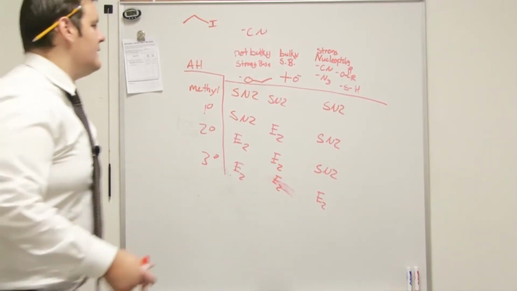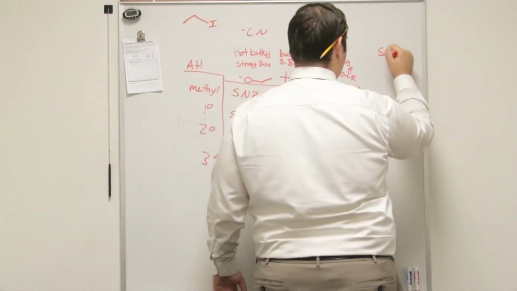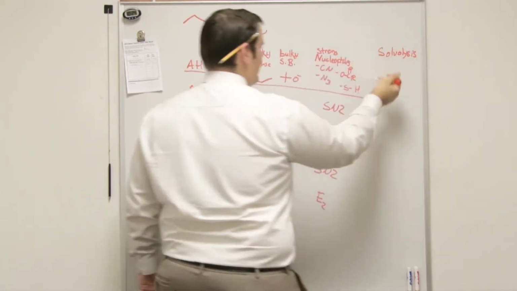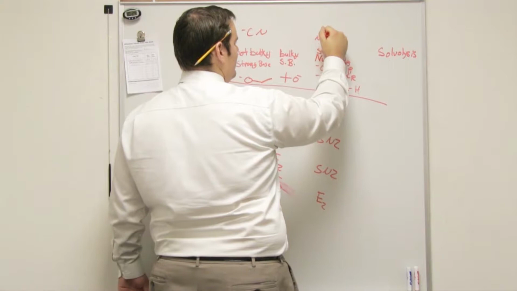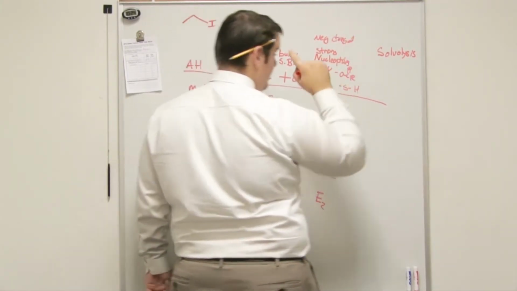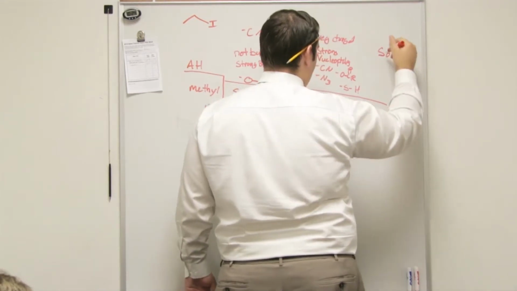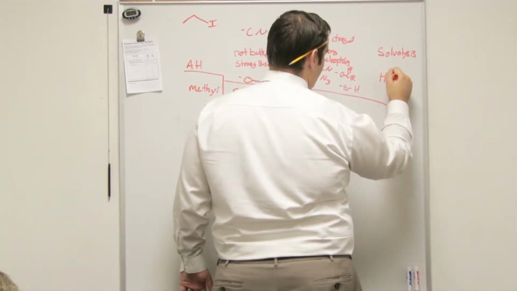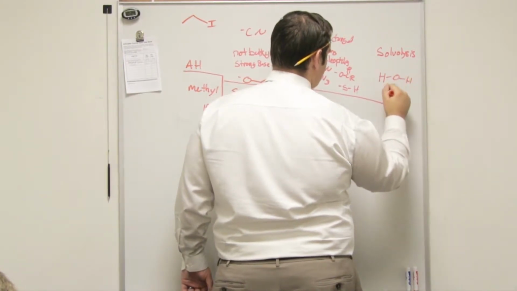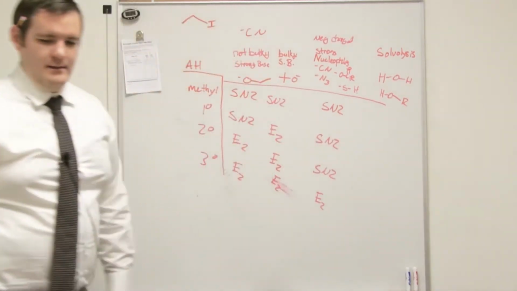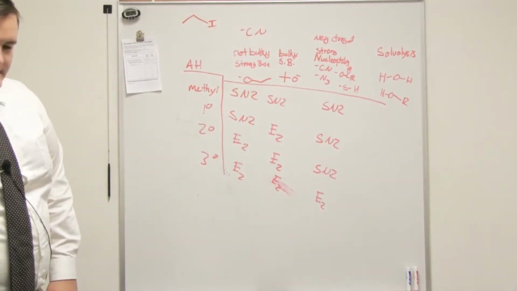Okay, and then we have what's called solvolysis. If these are negatively charged, then they're strong nucleophiles. Solvolysis is if they're not negatively charged. The best way I have to explain it is if they're solvents, like your alcohol, water, they'll act by solvolysis.